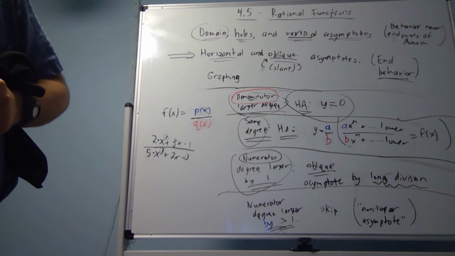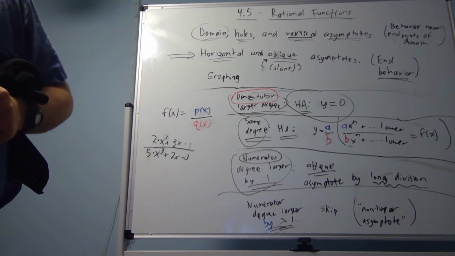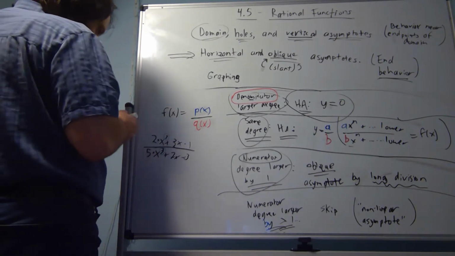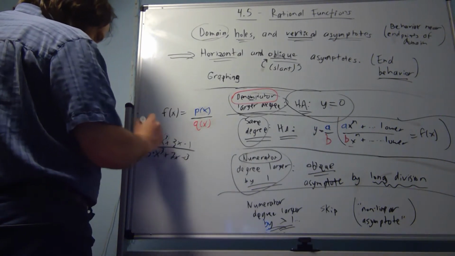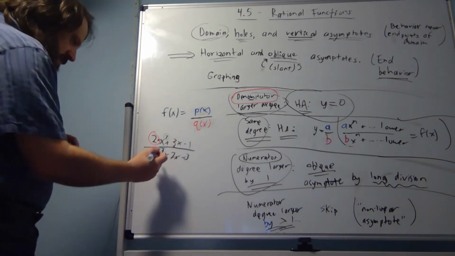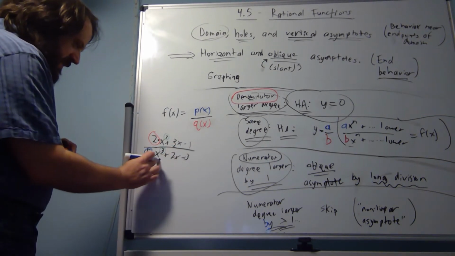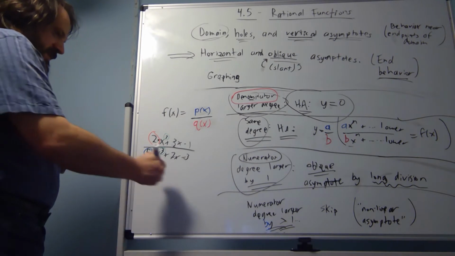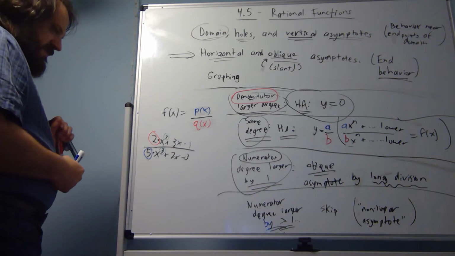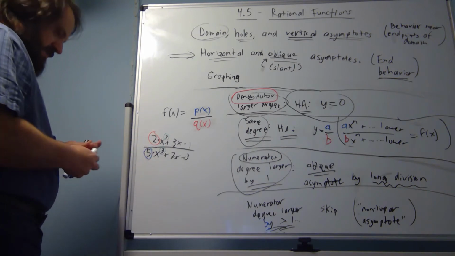So the second bullet point is, okay, now the numerator and the denominator polynomials have the same degree. The numerator basically looks like twice something. The denominator looks basically like 5 times that same something. And then a lot of smaller, lower order terms that don't really matter very much in the long term. So same degree.